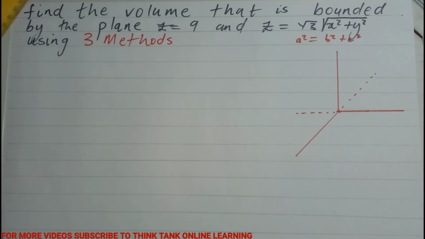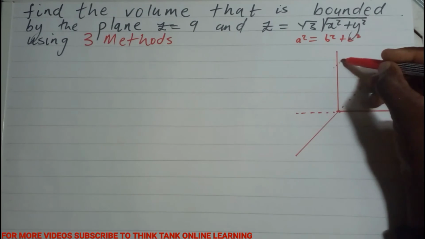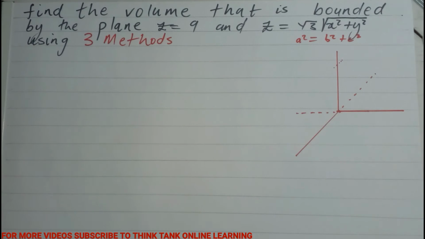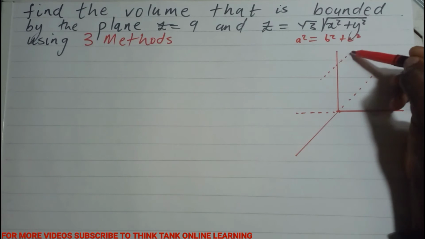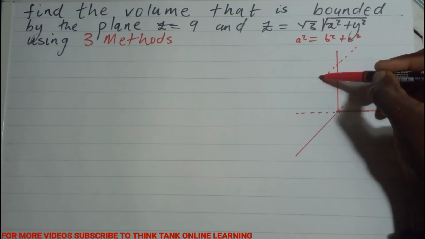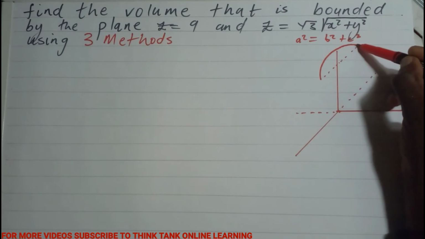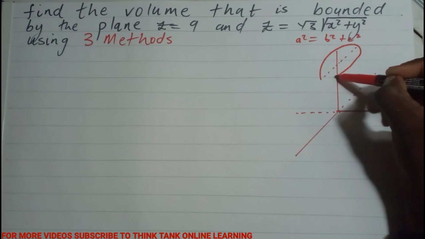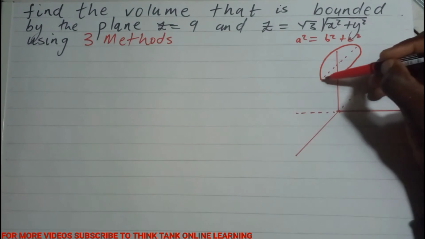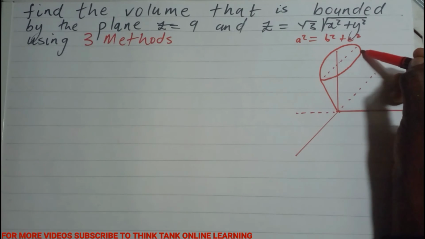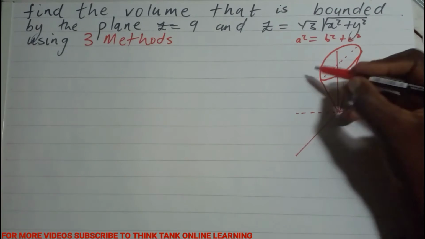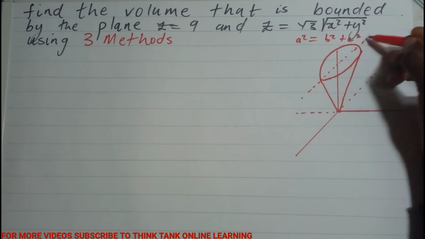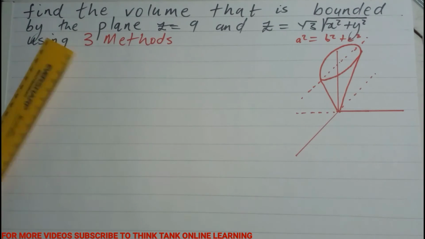We have the plane z equals 9. Now I am going to draw the cone. It's not that good, but at least you know. And this is the plane z equals 9.